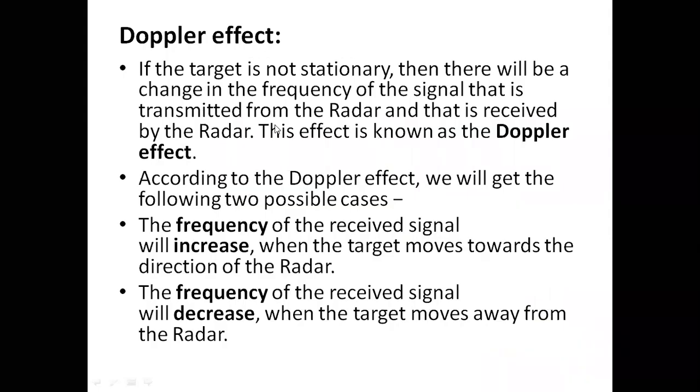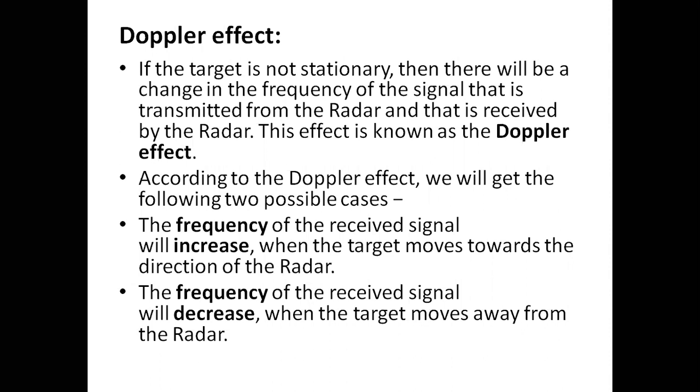In the previous unit, we have already discussed the range of a target. That means if a target is present at some distance from the radar, what is the distance of that target from the radar? We can calculate the distance or range by using the range equation.